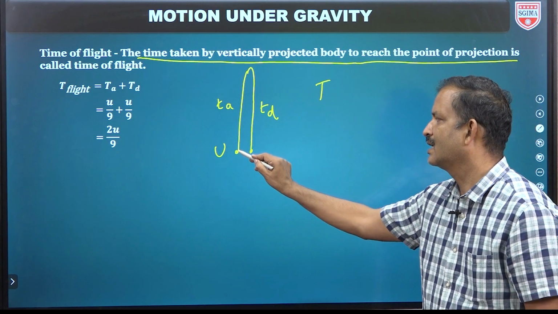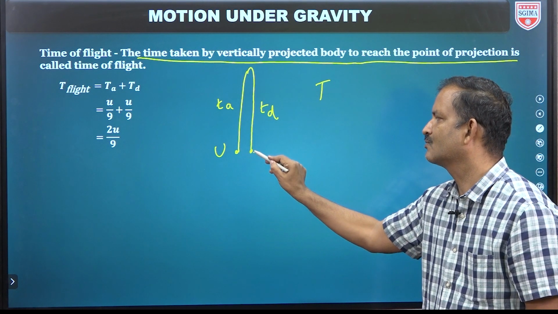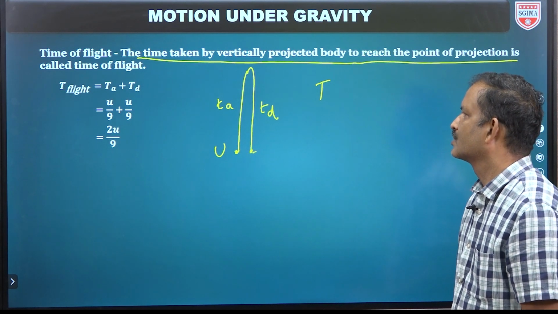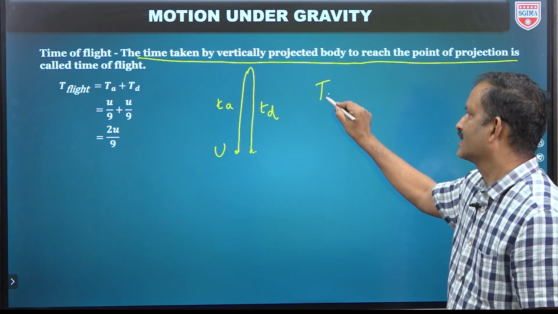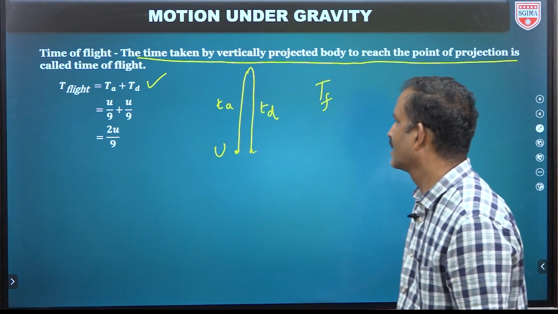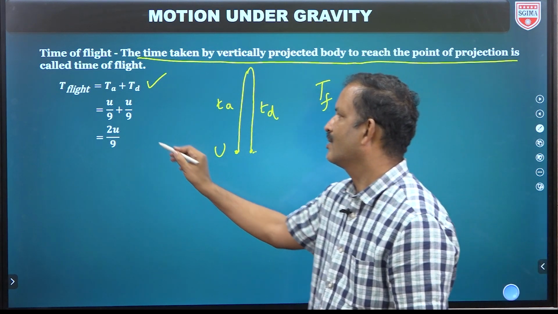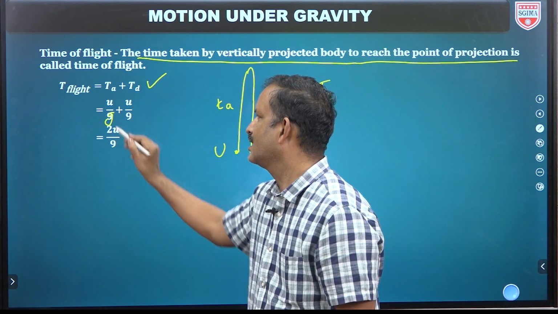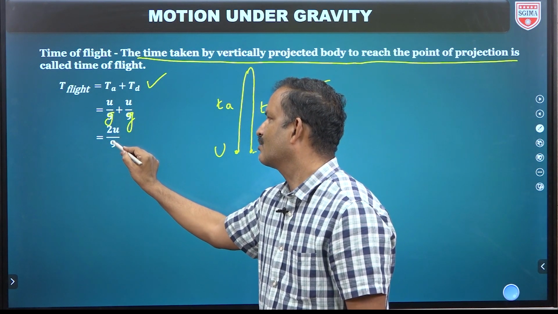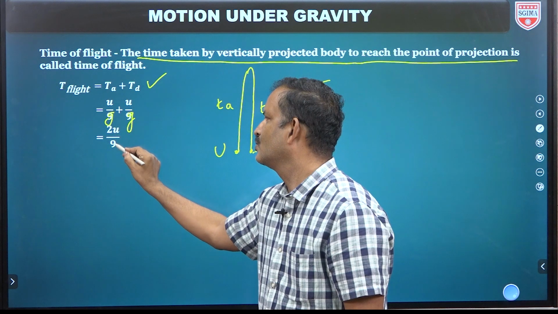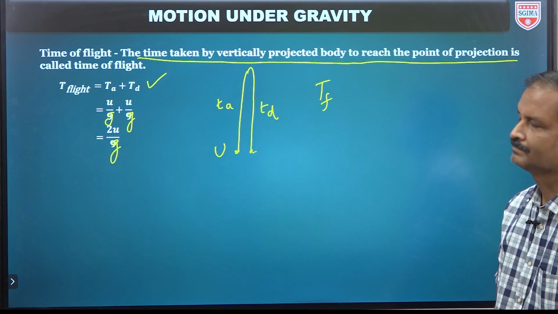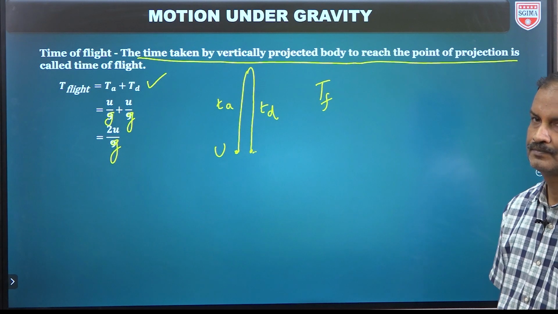Time taken to reach here, projected, again it comes to this point again. So, time of flight is equal to time of ascent plus time of descent. Time of ascent is u by g. Time of descent is also u by g. So, total time of flight is 2u by g. This is the time of flight.